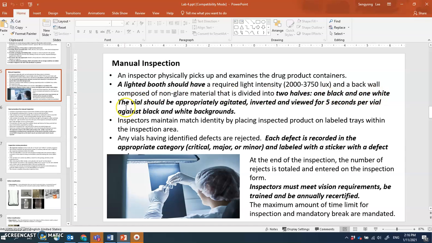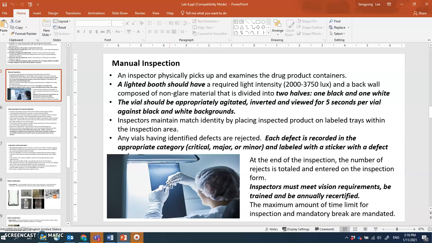While the inspection is taking place, the vials should be held with gloved hands and moved a certain way. Maybe you can swirl it a little bit, so there will be gentle agitation. If the particulate is sitting down, it will be hard to see, so you agitate a little bit so the particulate will float up.